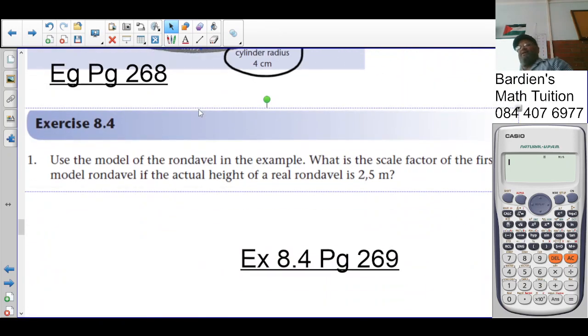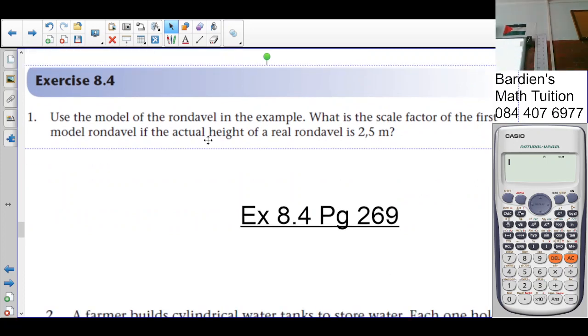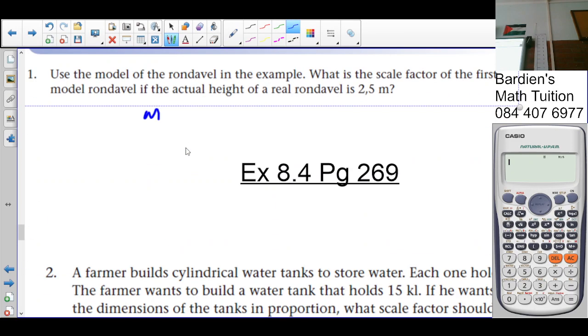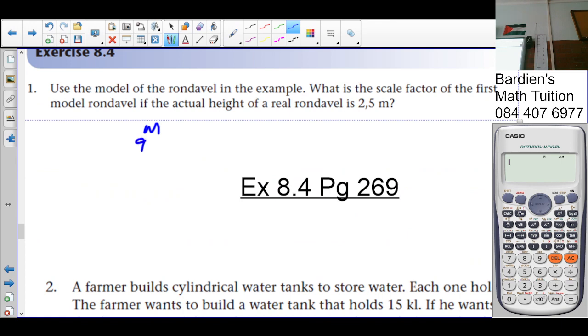So the height of the model was 9 centimeters. Is that correct? It's almost 6 and 3 gives you 9 centimeters. Is to the reality or the real piece, which is 2.5 meters.